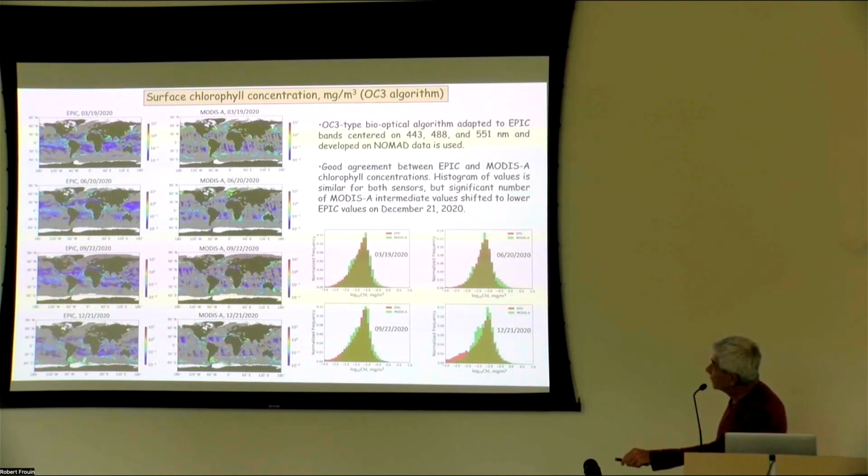You have EPIC again, and MODIS Aqua, where the OC3 type of algorithm was used. There are not that many wavelengths. EPIC can be used for chlorophyll concentration, and there is good agreement between EPIC and MODIS Aqua. We can see these images, and if you look also at the histogram of EPIC and MODIS, you see something quite similar, except perhaps during this stage.